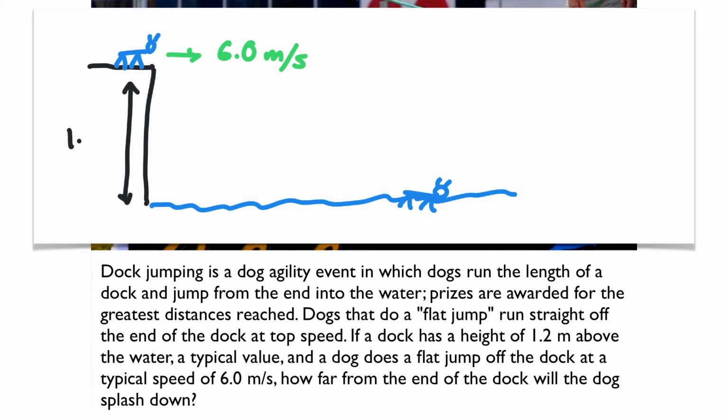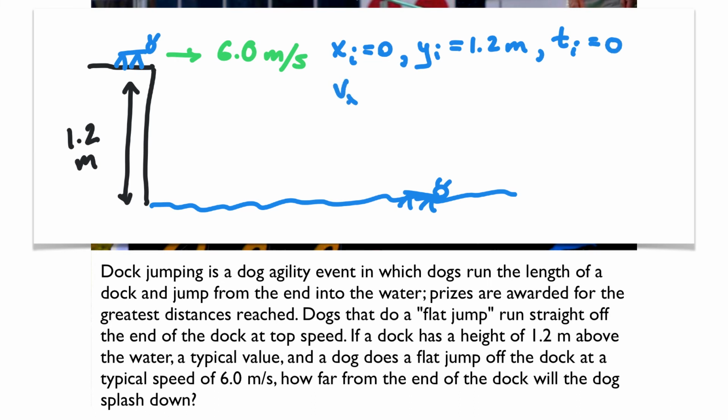At the start, since the dock is 1.2 meters high, the initial x position we take as 0, but the initial y position is 1.2 meters. The initial time is 0. The initial x velocity is 6.0 meters per second. The initial y velocity is 0.